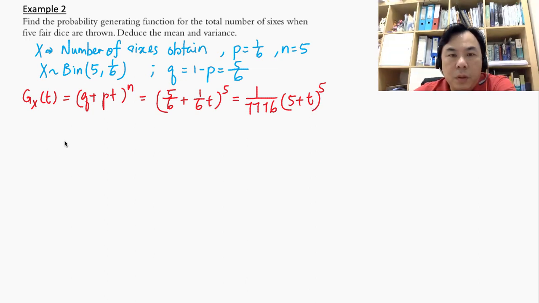All right, so I have checked the value. Everything is correct. Now you may be wondering what is the connection between this and the sum of independent events in this case.